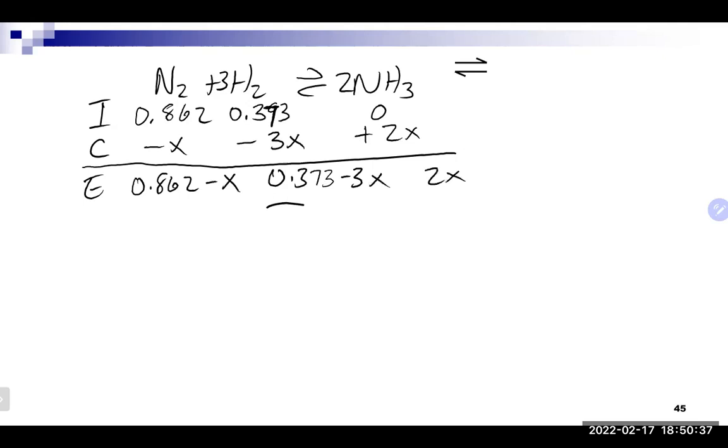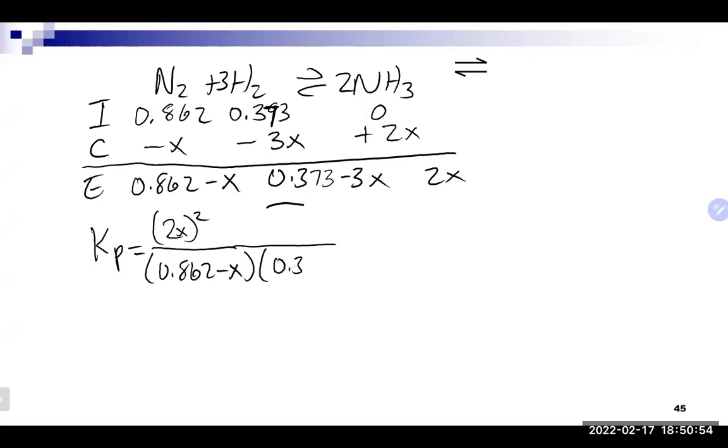This will go into our Kp expression. Our Kp there would be our products, which would be 2x squared, divided by 0.862 minus x and 0.373 minus 3x, which we do need a cube as well.